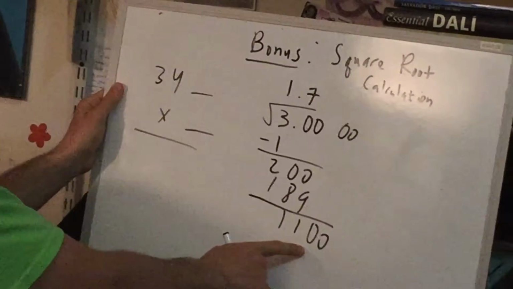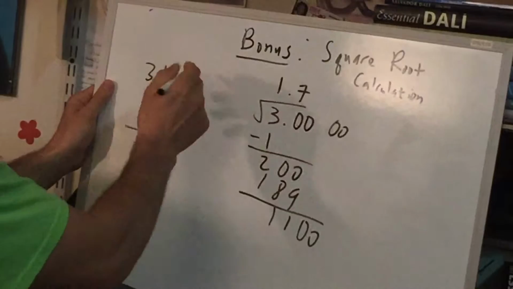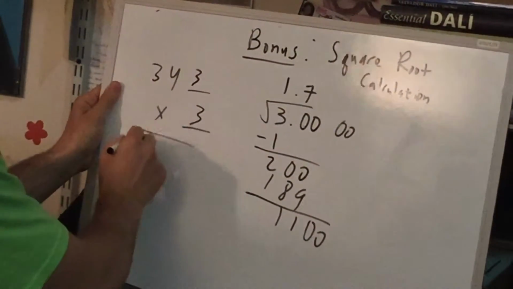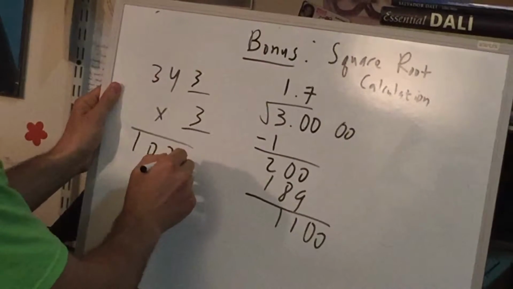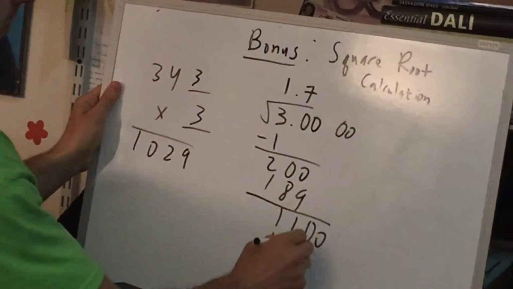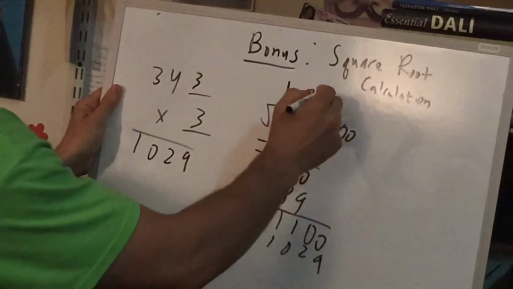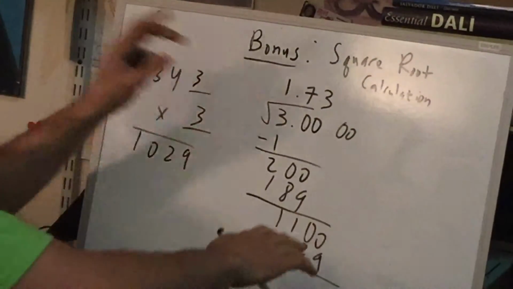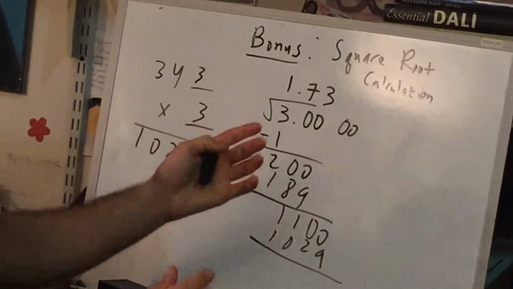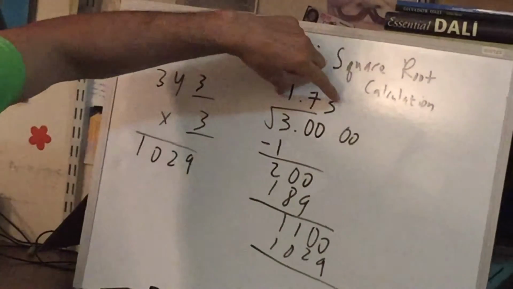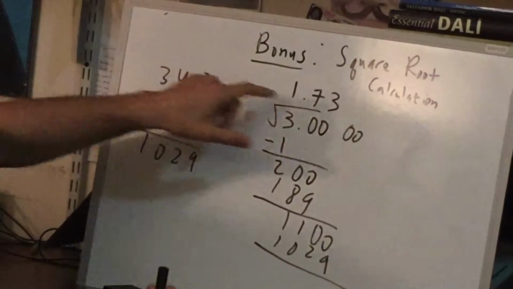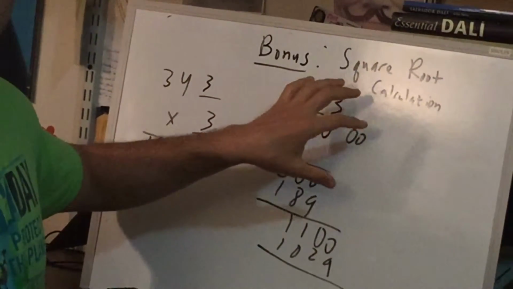So let's see, we could try 3, and that would be 1029. Alright, so the next digit is 3, and we could keep doing this on and on. Now it gets a little annoying because you keep having to double this number and doing these little parts, but you will get the exact digits, which is pretty neat.